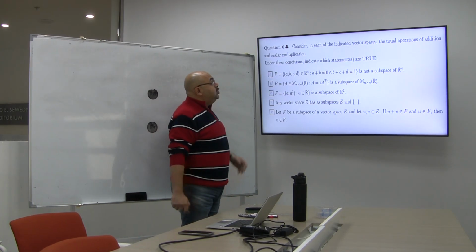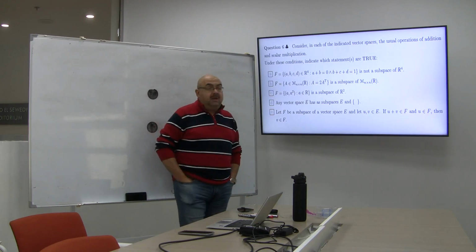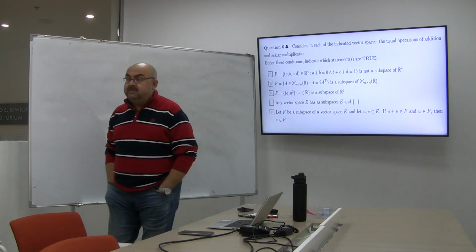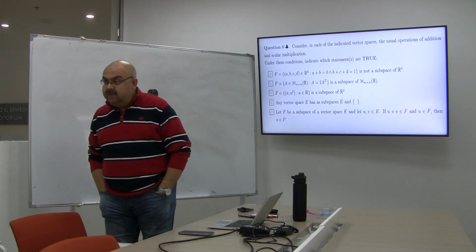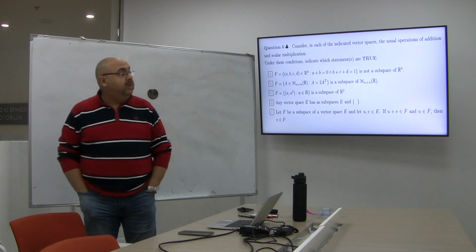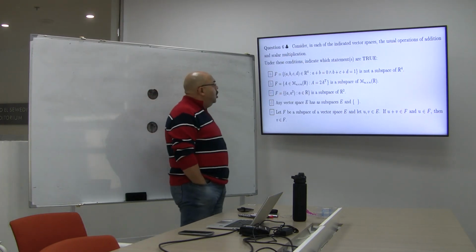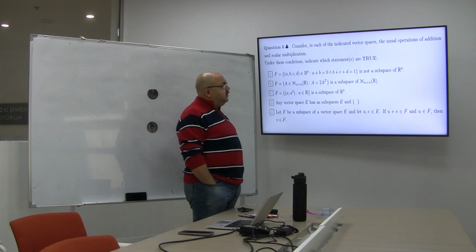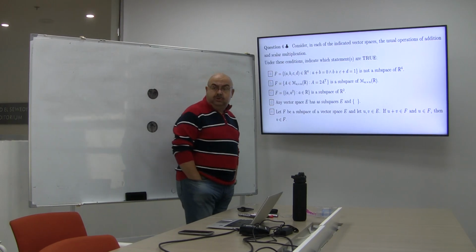I believe this question is tempting. It's one of the questions that came previously in one of the exams. Whenever I get the chance to go through some of the exam questions, I will go through them with you. In this question, it asks: considering each of the indicated vector spaces with the usual operations of addition and scalar multiplication, under these conditions indicate which statements are true.